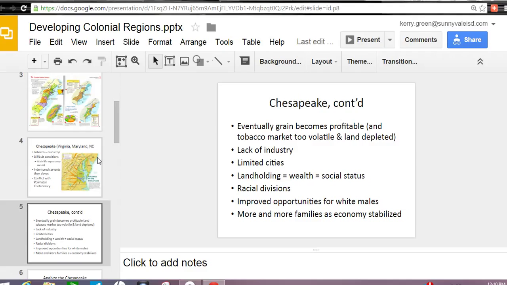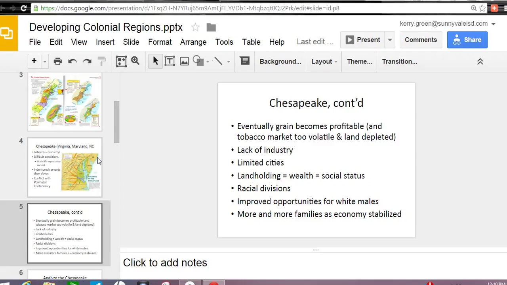Their slave populations are exploding, and especially in the Caribbean, they use every amount of space. Remember, they're islands, so they're somewhat limited. They use all their space for sugar production, which means they don't have any resources to grow foodstuffs. And so this really starts to become a breadbasket. And they start providing the grain for these slave economies because they're a little bit closer.